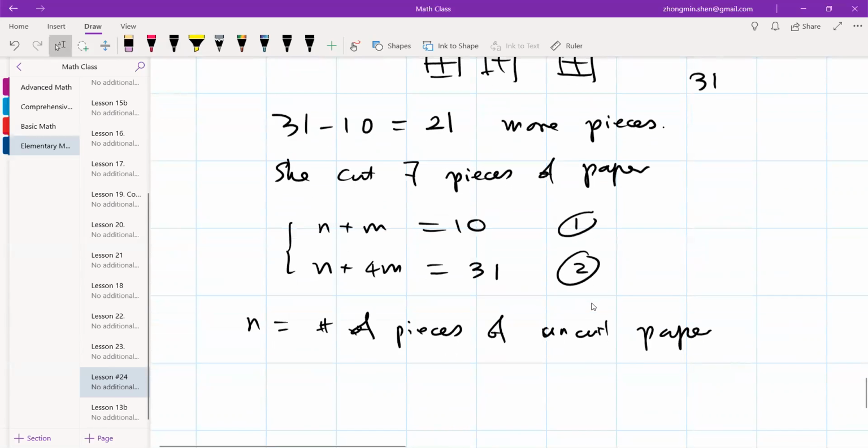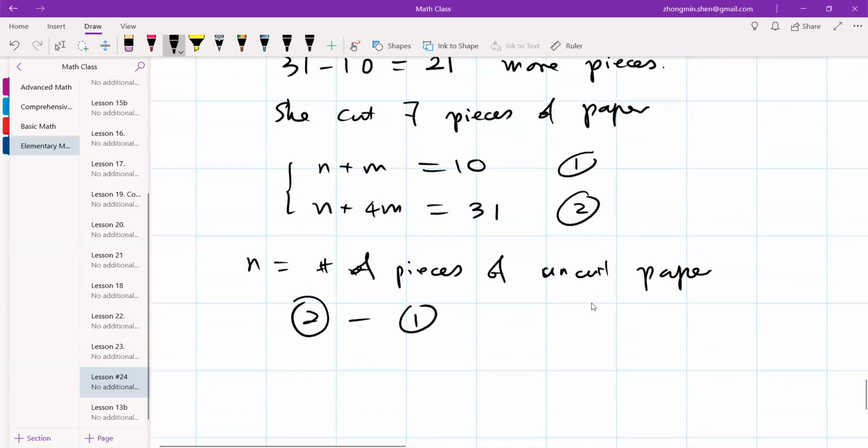Then you solve the equations by subtraction, equation 2 minus equation 1. Then N minus N is 0, and 4M minus M is 3M, and 31 minus 10 is 21. So M should be equal to 7.